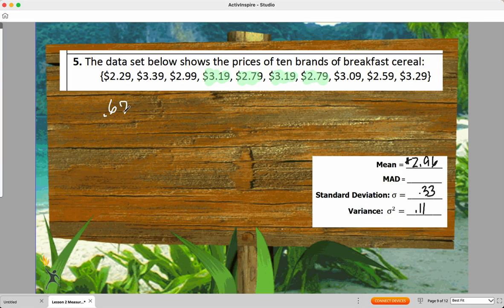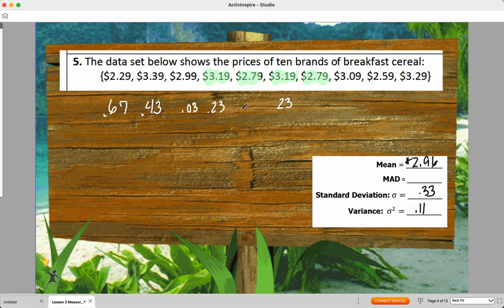3.39 minus 2.96. Now, when I'm typing this into my calculator, I'm actually not doing a decimal point. I'm just adding the decimal point in the right spot as I go. I can do this one in my head. Okay, 3.19 minus 2.96. Hey, that's 23 here. It's also 23 here, so it'll make it easier. I only have to do it once. 2.79 minus 2.96. I get 17 cents.